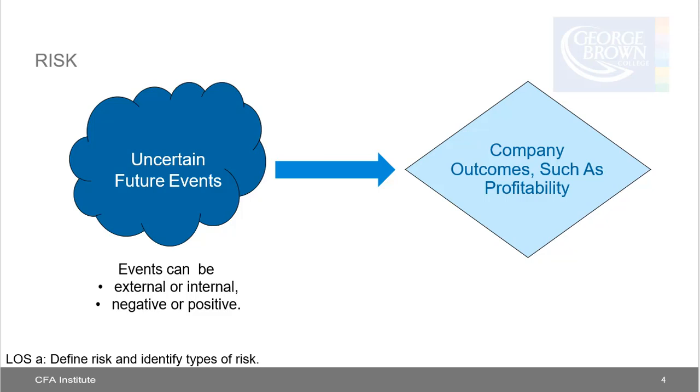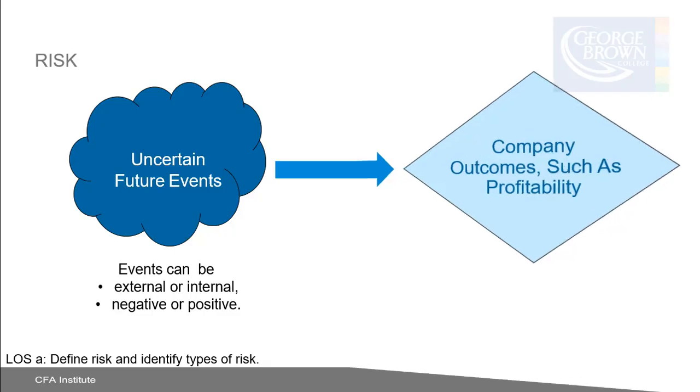Some events can have a positive effect on the company, creating opportunities for gains. For example, a company that takes the risk of investing in a country with tight capital controls may benefit when the capital controls are partially lifted and it becomes one of the few foreign companies licensed to buy and sell securities in that country. So the assessment of risk needs to include opportunities as well as threats.